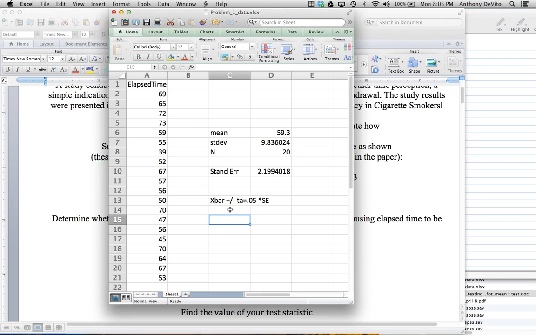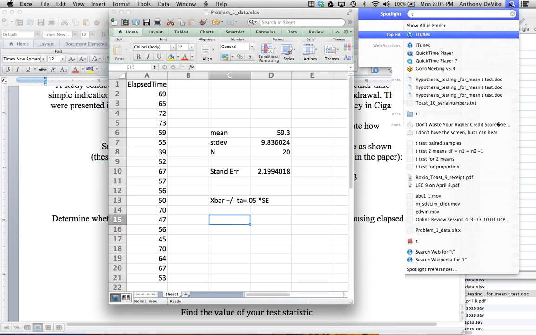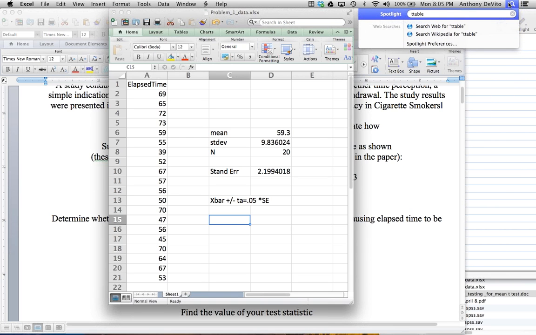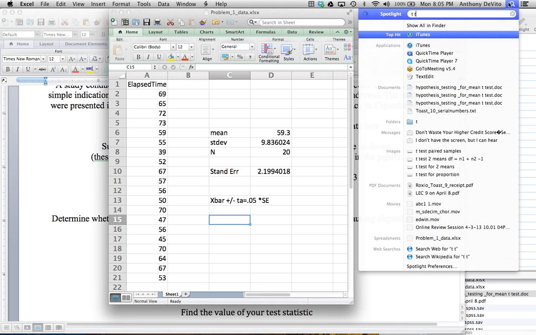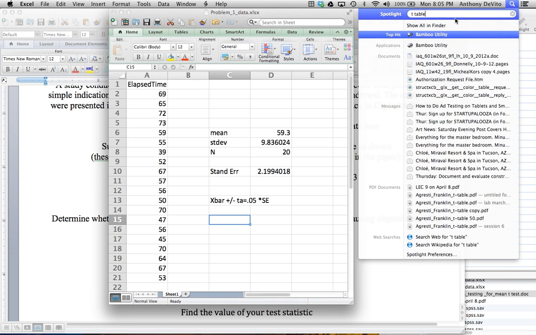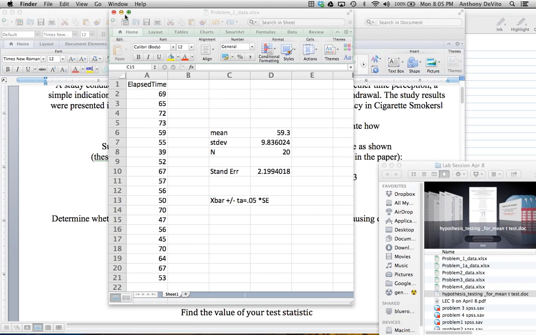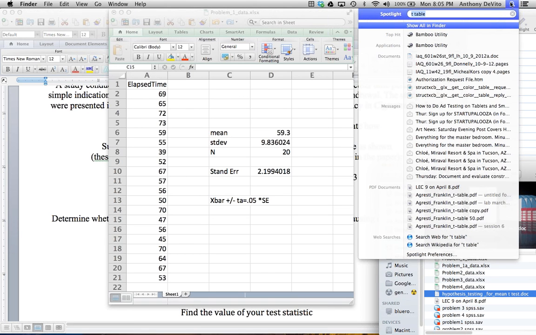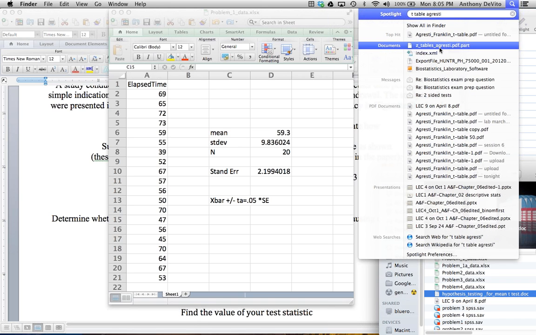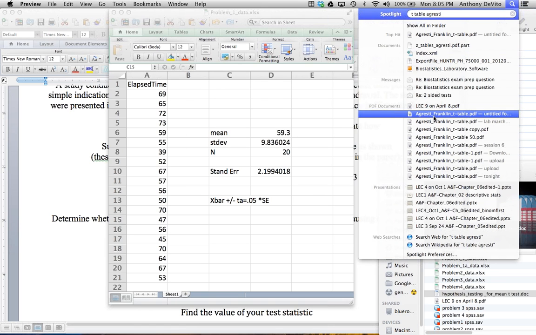So now we have to go and look up our t-score. So I'm going to get a t-table here. Let me see if I can find a t-table. Here we go.